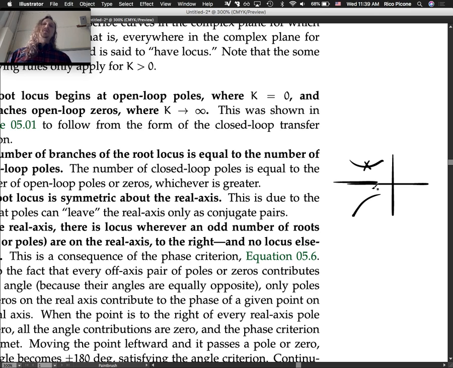Maybe these are your closed loop poles for some given value of gain. That should be symmetric. Maybe those are your closed loop poles. And as you vary gain, they would move along these curves. So the number of curves in the root locus is equal to the number of closed loop poles.